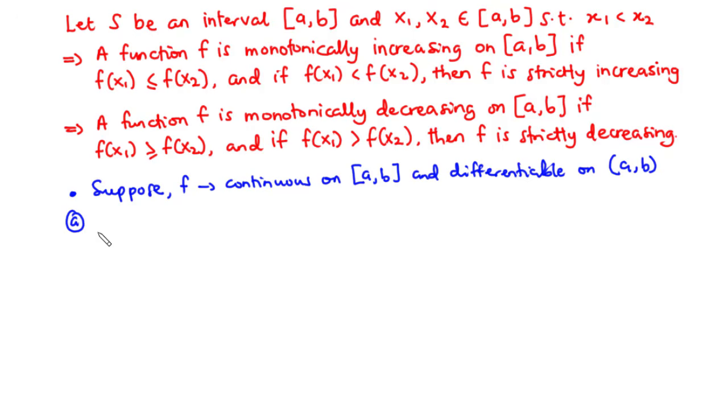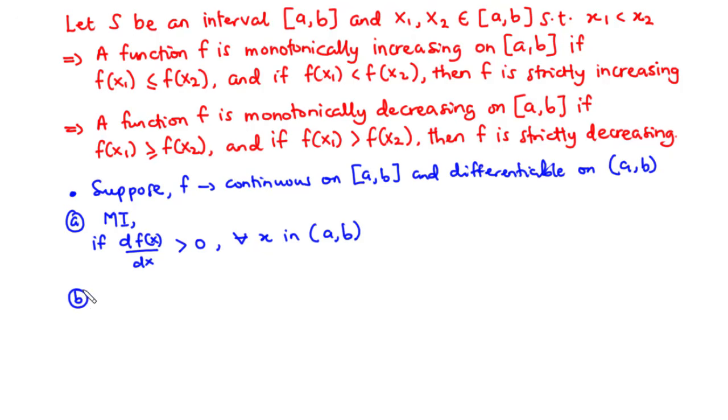A. Now this function is said to be monotonically increasing if the first derivative of that function is greater than 0 for all x in the open interval (a, b).